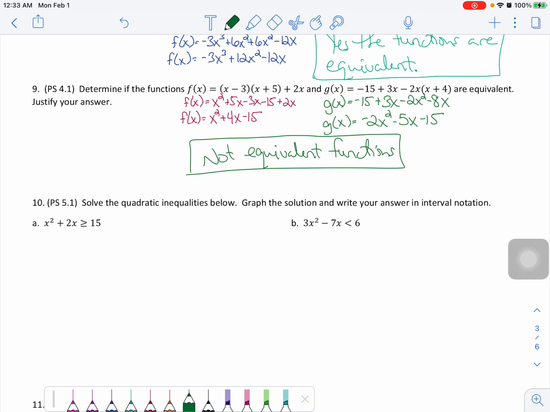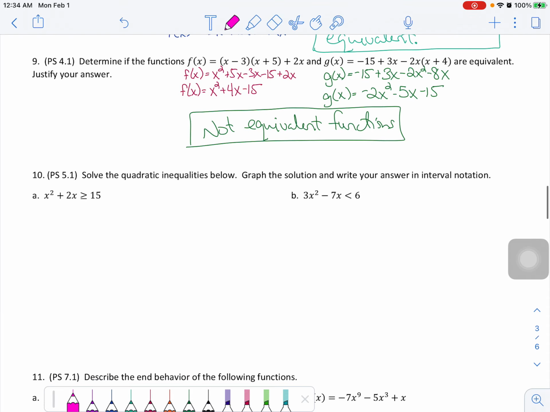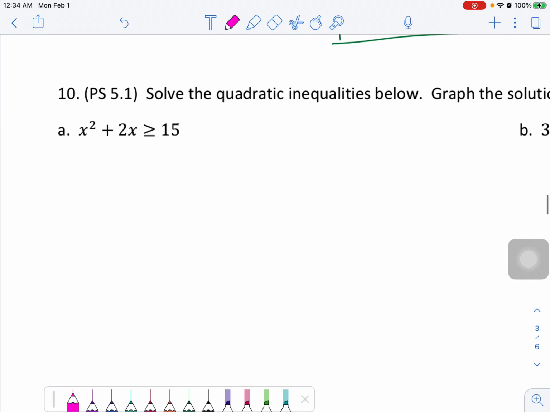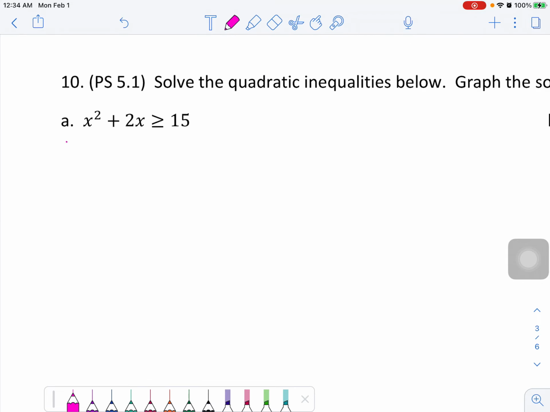Okay, so that's a little bit of a reminder from, I think it was sometime in first semester that we did problems like that. Problem number 10, part A and part B, solve the quadratic inequalities, graph the solutions, write your answer in interval notation. Okay, so what you need to do is start by getting one side of your inequality to be 0. So in the case of part A, I went ahead and subtracted 15. 15 was not like to either x squared or 2x, so I just wrote it out as part of the polynomial.